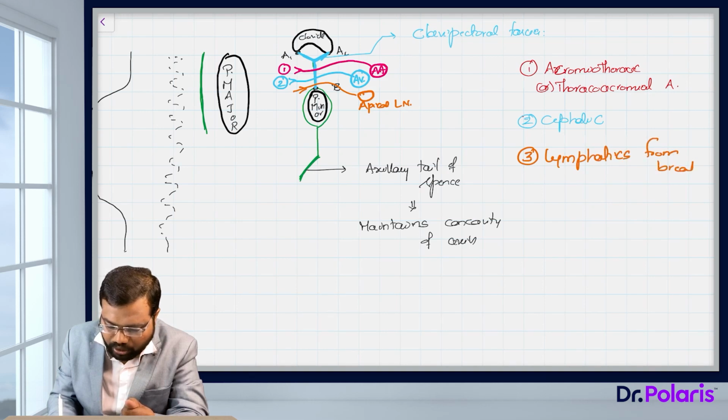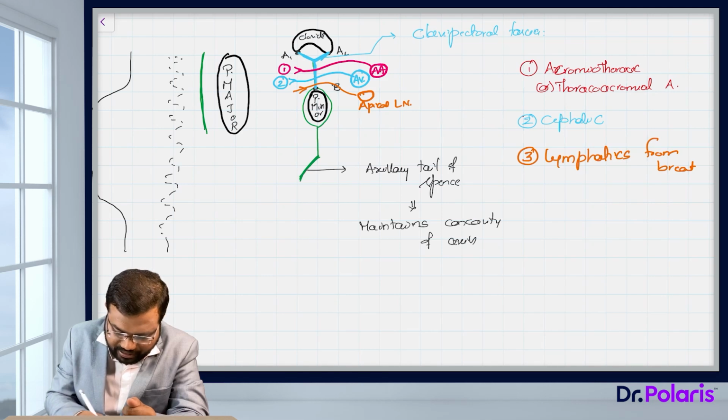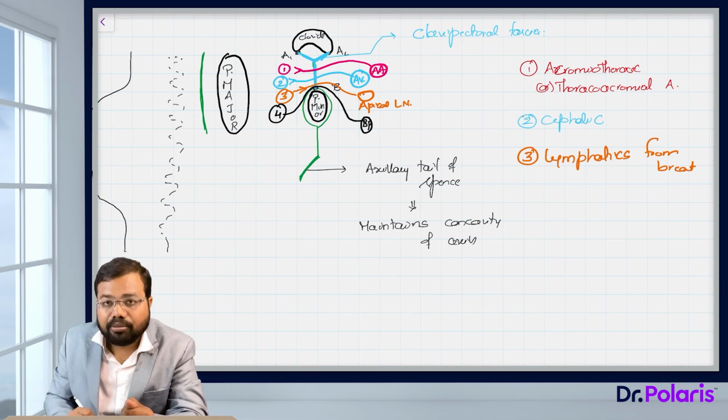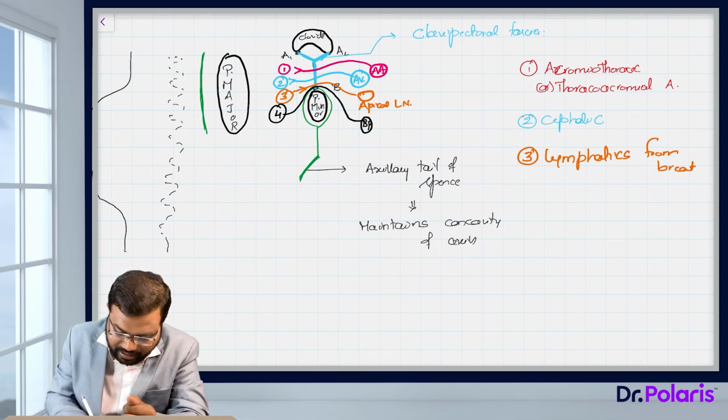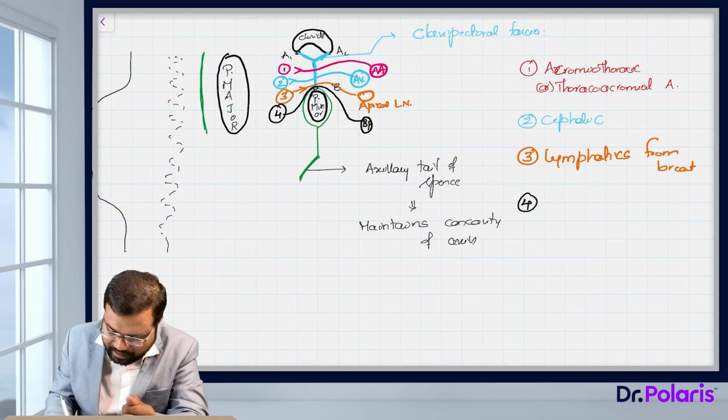and finally one more nerve which will pierce here is the lateral pectoral nerve. Let's keep this as number 3. And the fourth one also pierces, which comes from the brachial plexus, BP, brachial plexus, and that fourth one is called the lateral pectoral nerve.